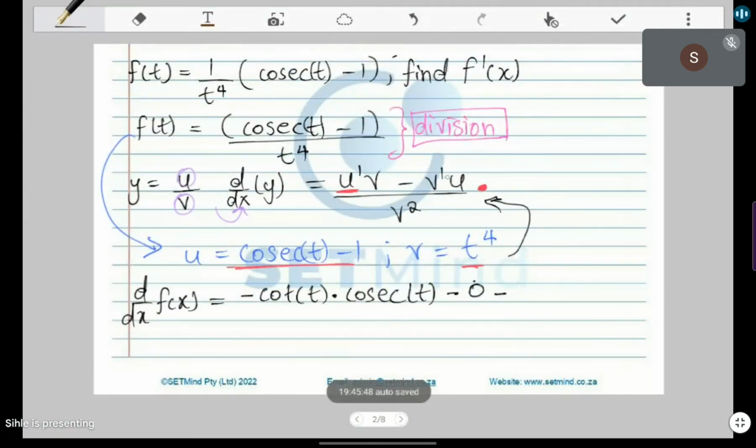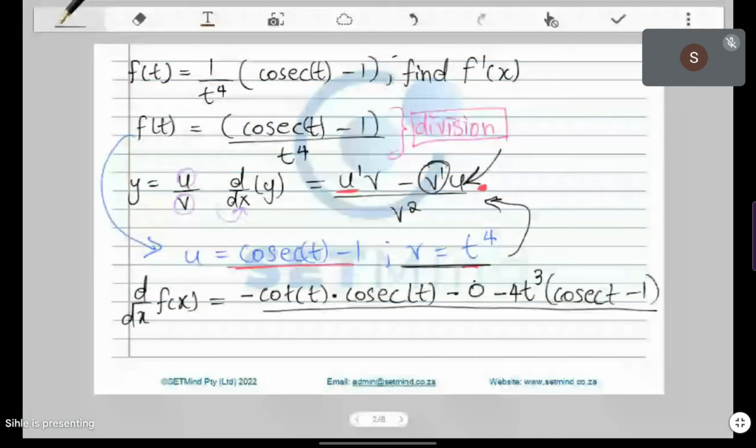Now we are going to derive our v, which is simply t to the power of 4. So that's going to be 4t to the power of 3. And then again, we multiply by our u, which was cosec t minus 1, divided by v squared.